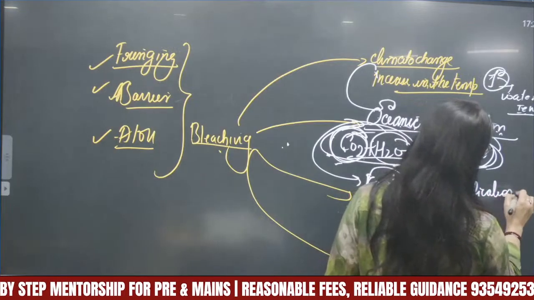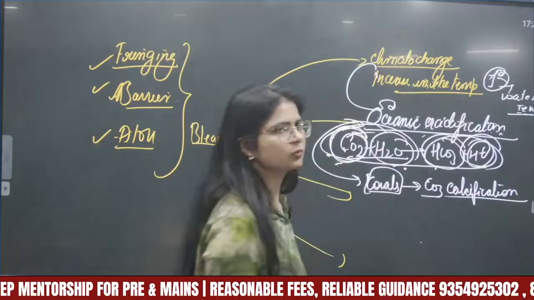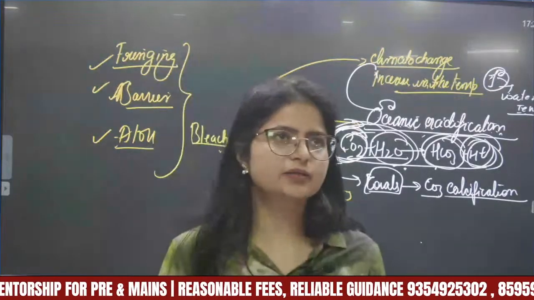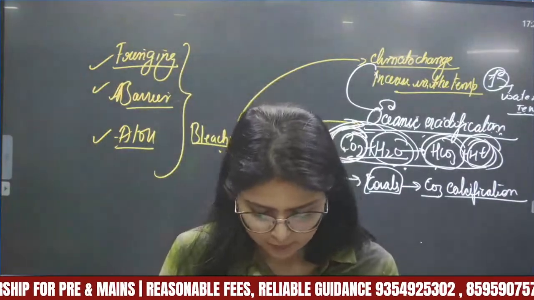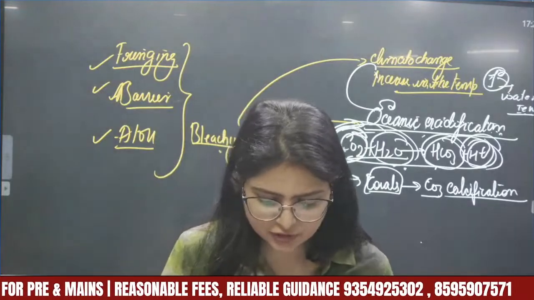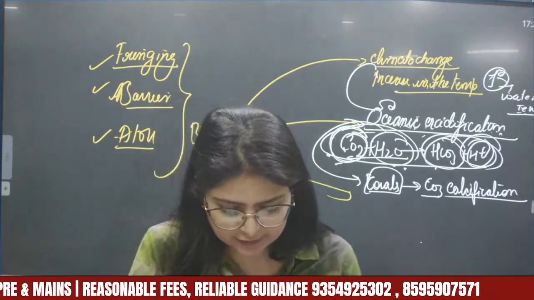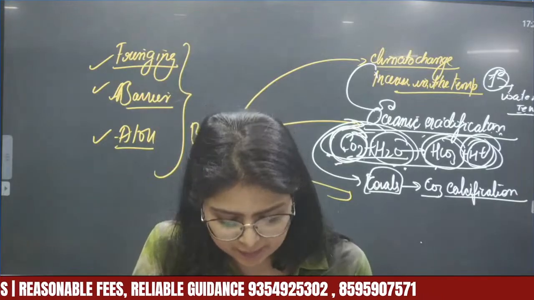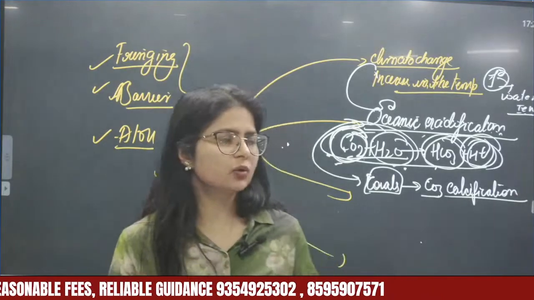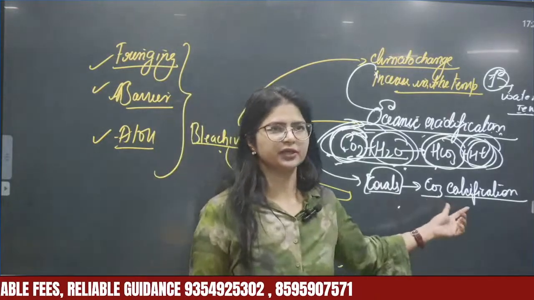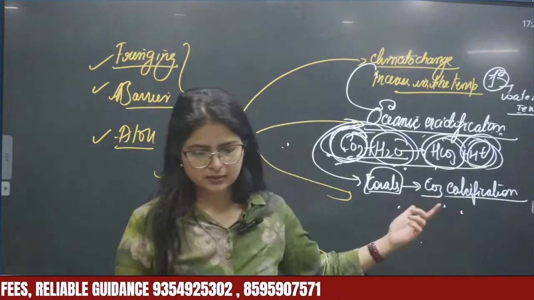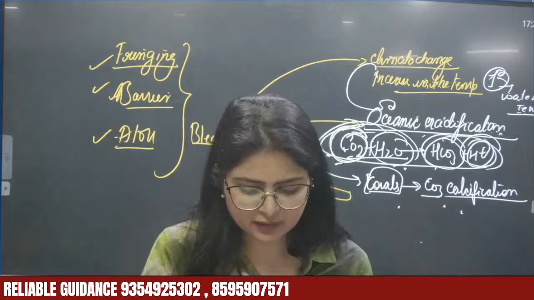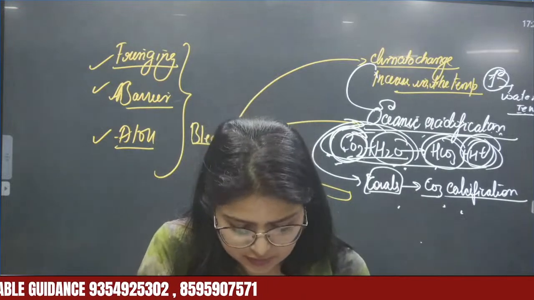The calcification process will also be slowed, right? They will get slowed down. So oceanic acidification, rise of CO2 level, definitely acidity of the water will increase, and this inhibits corals from creating skeletons, calcification. Okay, coral creates calcareous deposits, right?